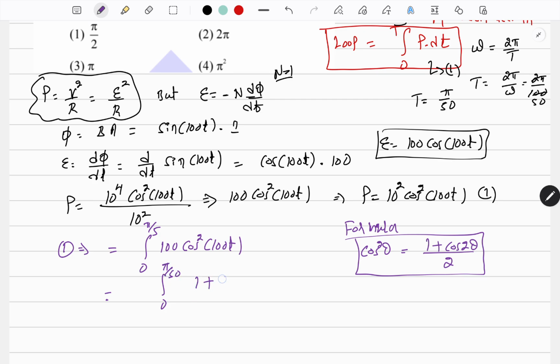After simplification we get the answer pi. That is option 3, the right answer for this question.